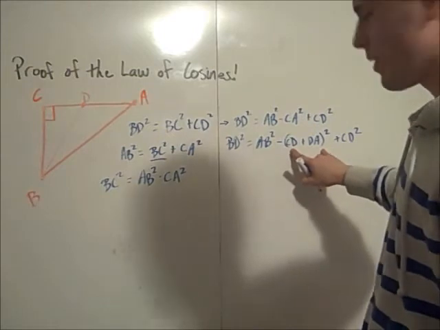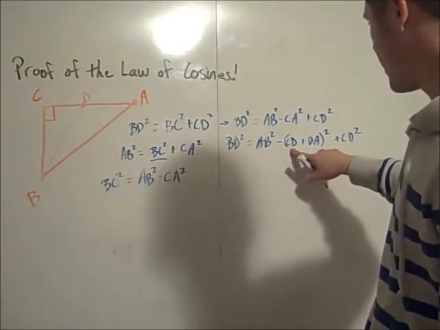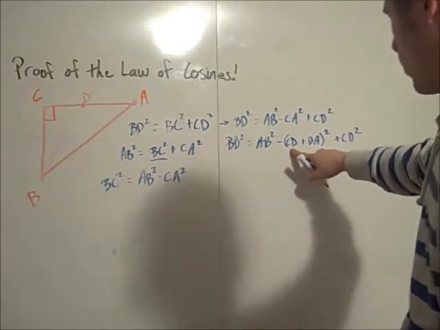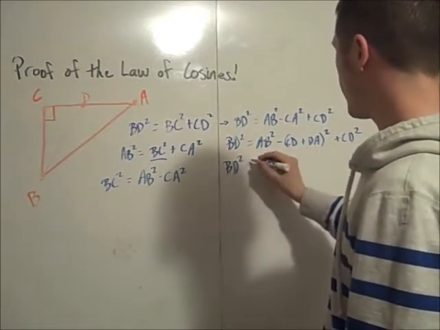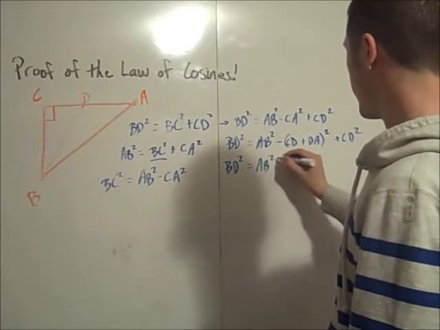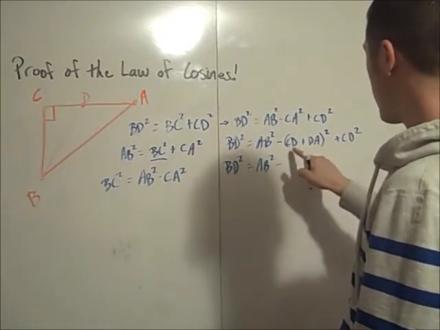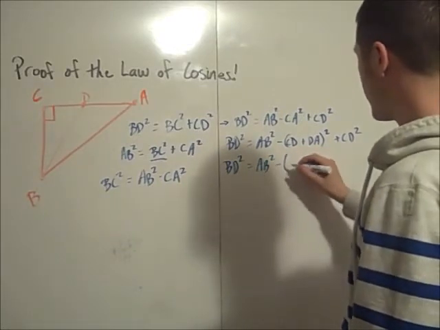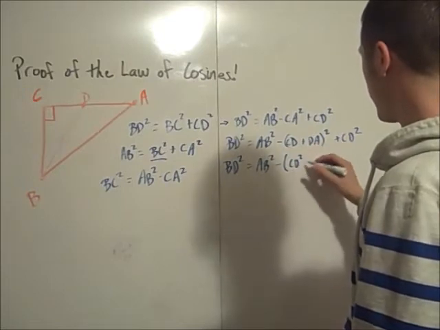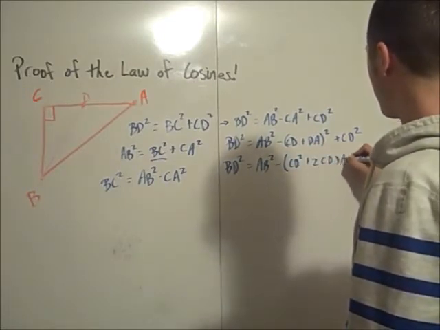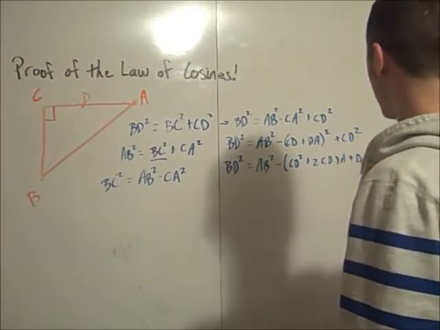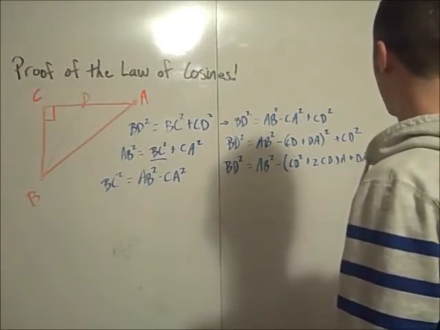Okay, so now we're going to square this binomial, which means we multiply it by itself, and we have to FOIL that. So we have BD squared is AB squared minus, when I square this thing, I get CD squared plus 2 CD DA plus DA squared, that's plus CD squared.